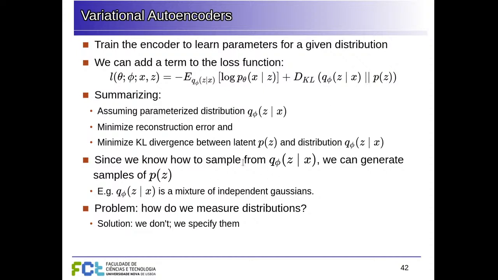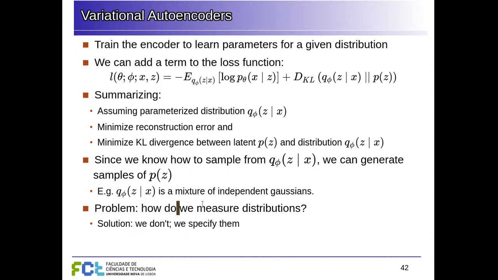So since we know how to sample from these distributions, we can then generate samples of the latent space representation and use that with the decoder network to generate new examples. So the problem here is to train this autoencoder in order to find the parameters for these distributions.